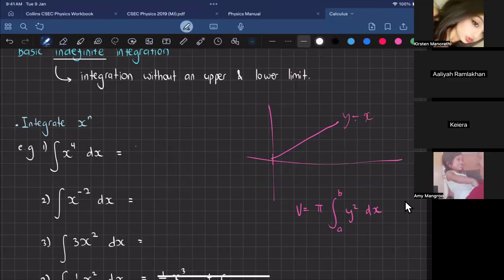So for the first one, that is x to the power of 5, add 1 to the power, and you divide by that number, plus c. The second one, you have x to the power minus 1 all over minus 1, plus c. Now, is there any other way I could write this answer?